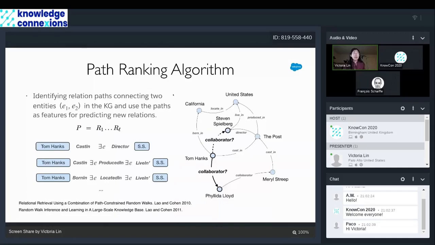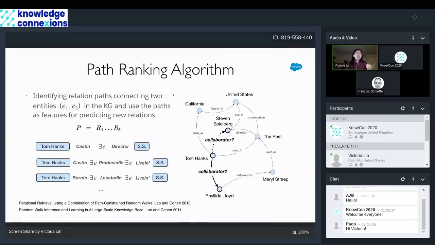this is not a very informative path to predict the collaborator relationship. In terms of how we represent the path, sometimes we could include intermediate nodes on the path, such as The Post. But oftentimes we don't need to include the intermediate entity, only the relations in between. This is because sometimes the intermediate entity doesn't matter for the inference.